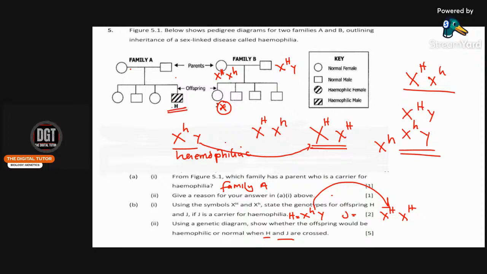Hemophilic. And of course, others are going to be carriers. But here, if I look at this family, there's no carrier because, of the resulting children here, how many are they? So we have 3 boys, all of them are just normal. Then one who is a carrier.